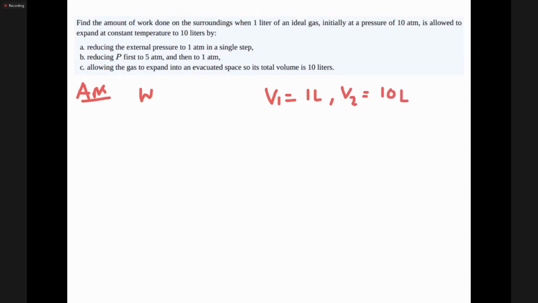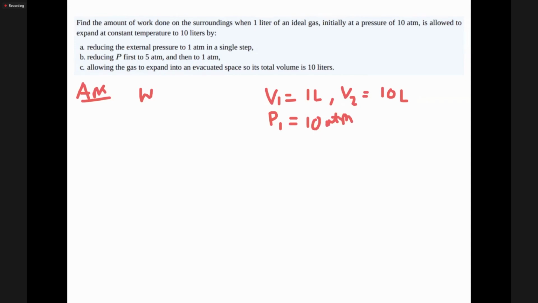Against a constant pressure of 10 atmosphere, and initially we reduce the external pressure to 1 atmosphere in a single step. So initially we will have P1 is equal to 10 atmosphere. And P2 will be different in the other cases.